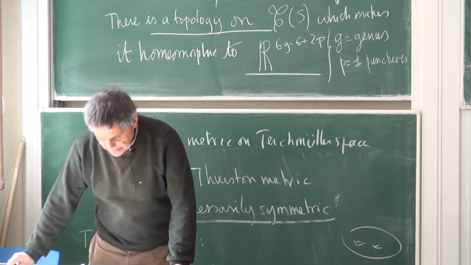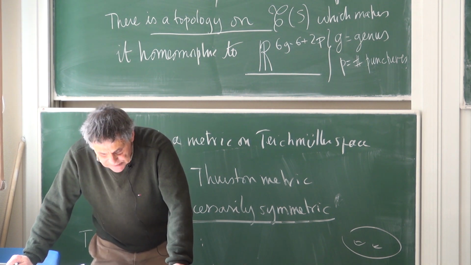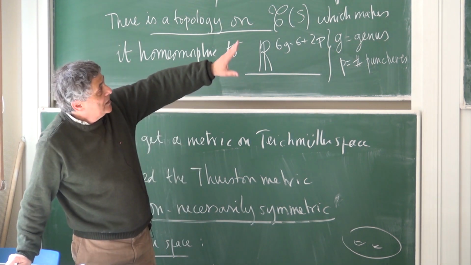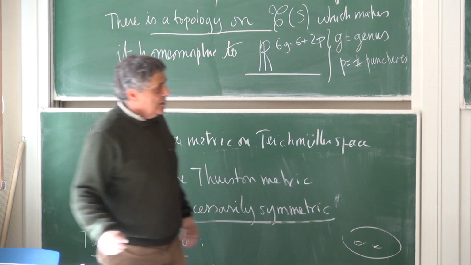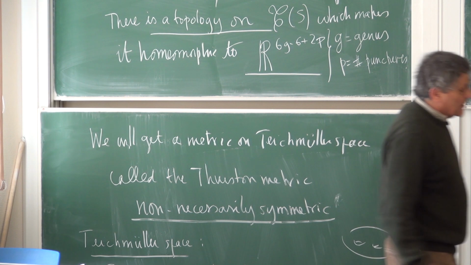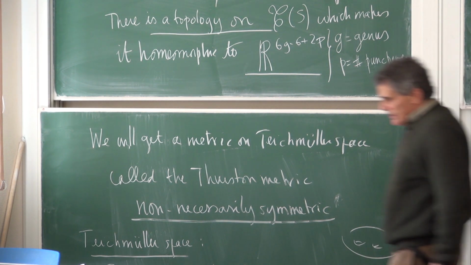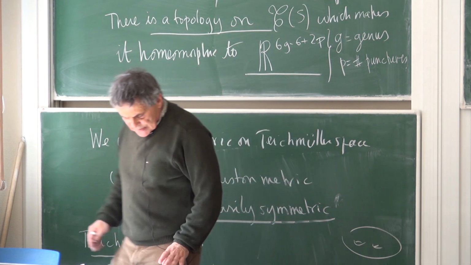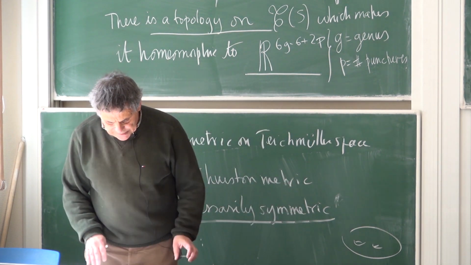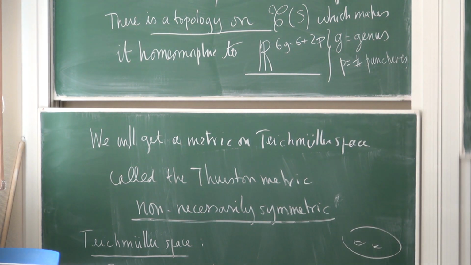I know that the definition, which I will tell you now about Lipschitz maps, you can make it work for surfaces of infinite type, but I can only give the definition. I don't know anything else. Okay, let me now give the definition of this metric.